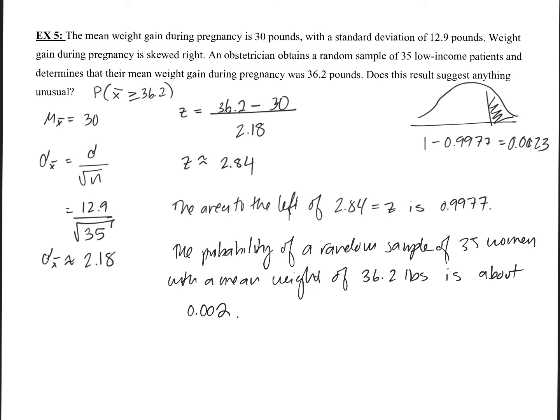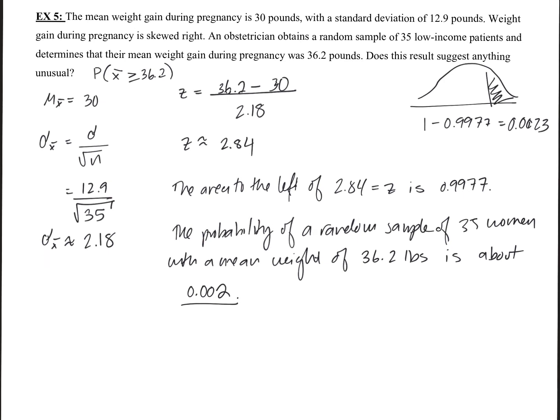Because remember, this is talking about the different possible samples that we pick and the mean for each sample. So if we have a random sample of 35, we're trying to figure out the probability of having 36.2 be our mean. And according to the data we found, the probability of this kind of occurrence is 0.002. That is a really small probability of ending up with 36.2 being a mean.